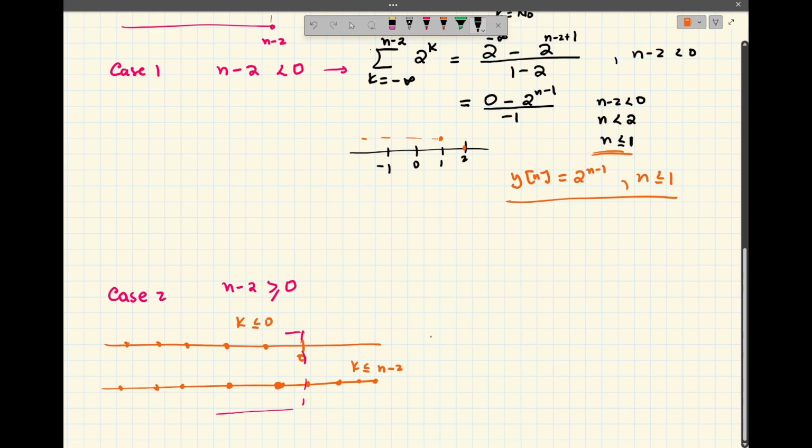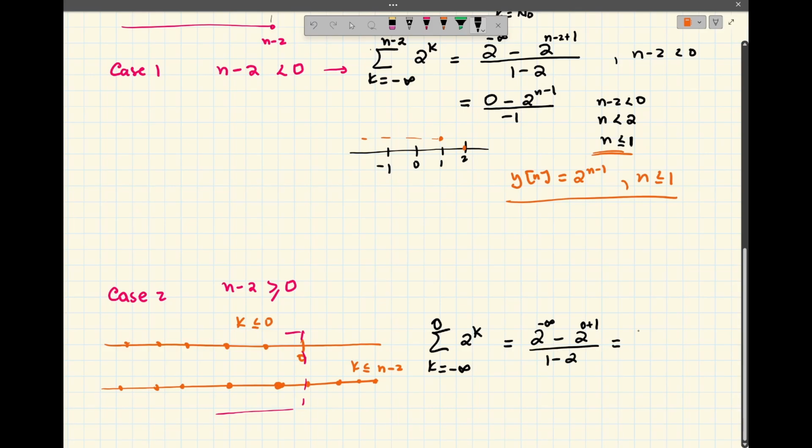So for that case, we have the sum k from negative infinity to 0 of 2 to the k, and that gives me 2 to the negative infinity minus 2 to the 0 plus 1, divided by 1 minus 2.